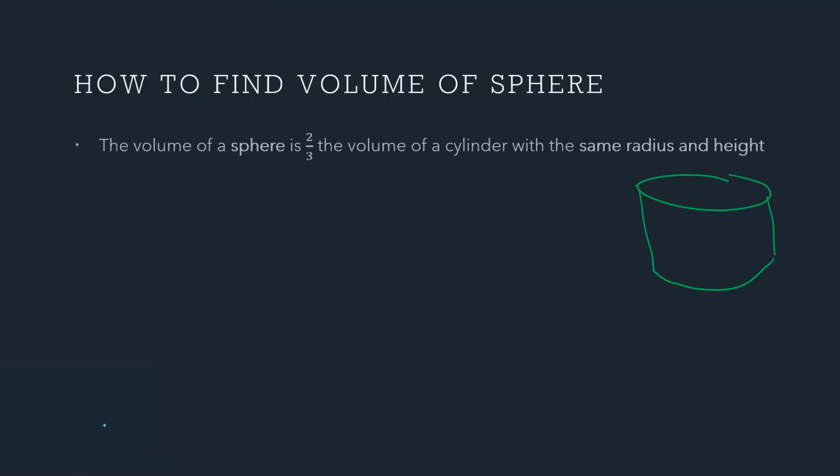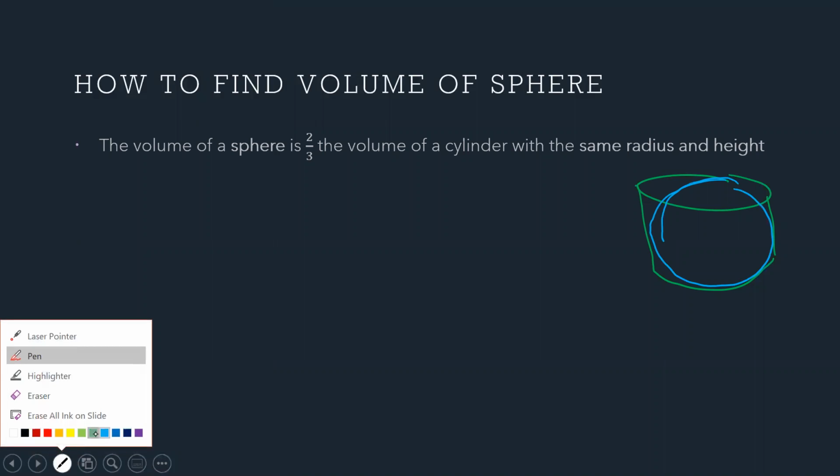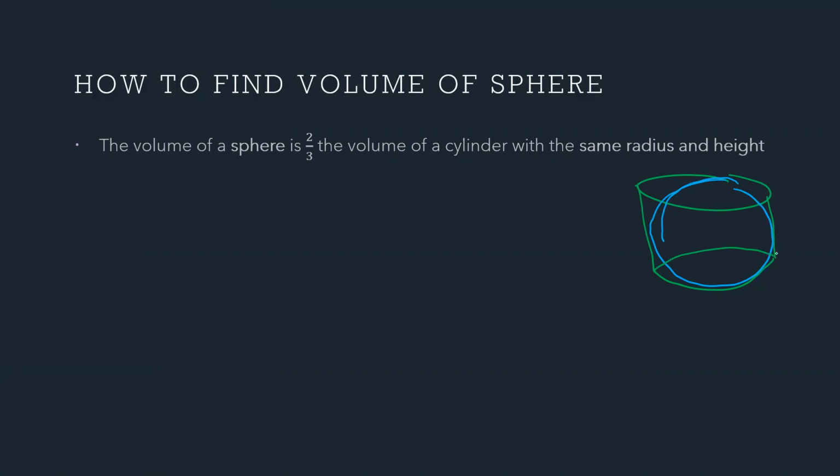Let's assume the drawing is good. We can see that the sphere itself would be 2/3 of the cylinder, and that makes sense because there are going to be missing gaps when we put that sphere inside of the cylinder.